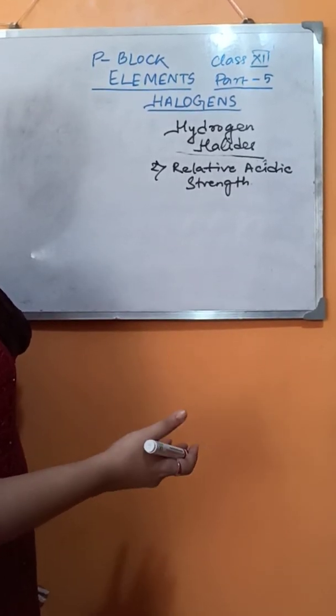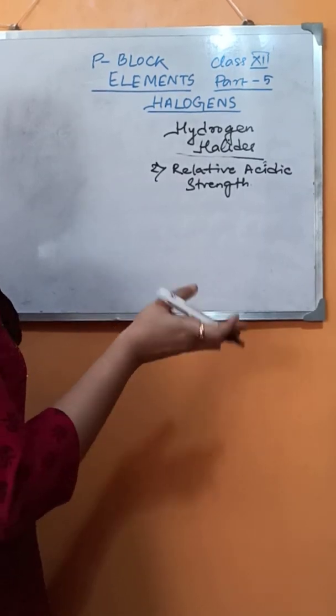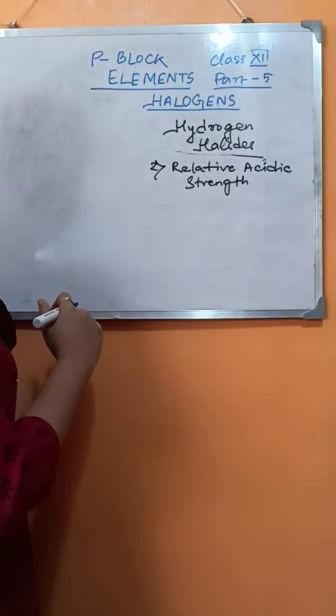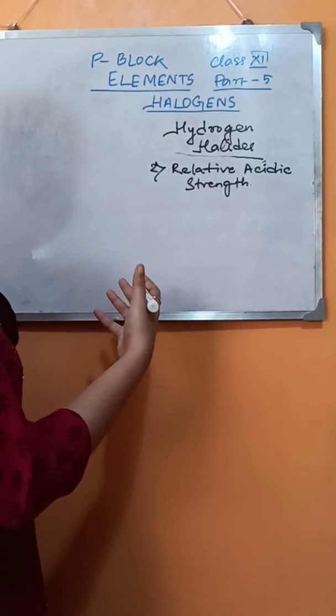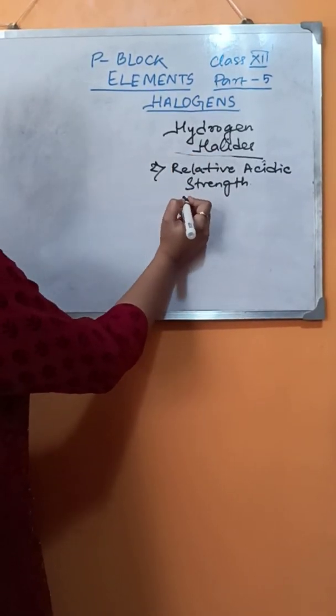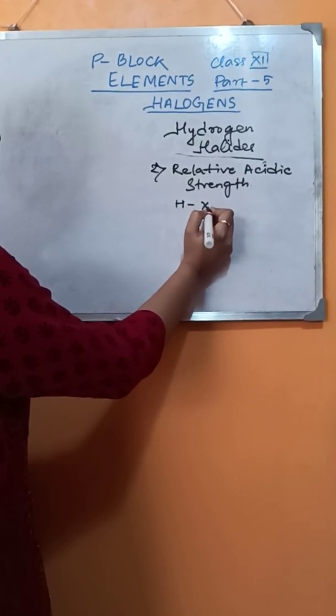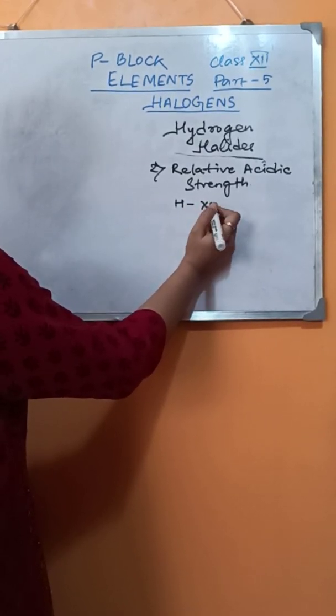But before showing that, let me show what happens in case of hydrogen halides, how they show their acidic character. HX, where X is a halogen atom, fluorine, chlorine, bromine or iodine, anything.